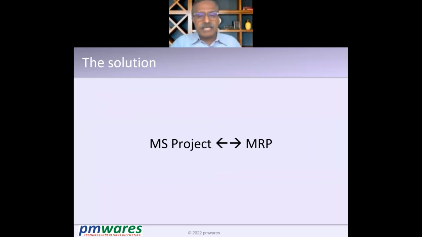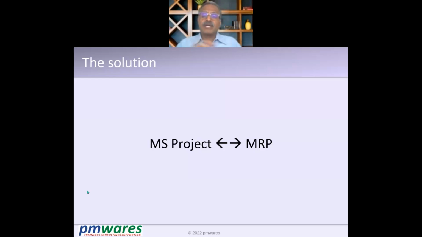So what we have done, we created an MRP, the Material Resource Planning sheet. That is an Excel tool, and MS Project, which is a planning tool. So we take the forecasted consumption from MS Project, put this into the Material Resource Planning sheet, and then see which material is depleted and which material is to be ordered now.